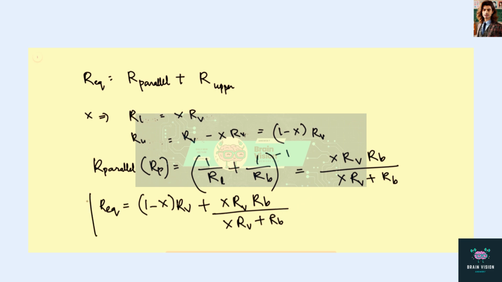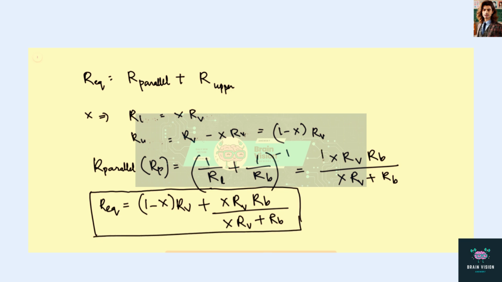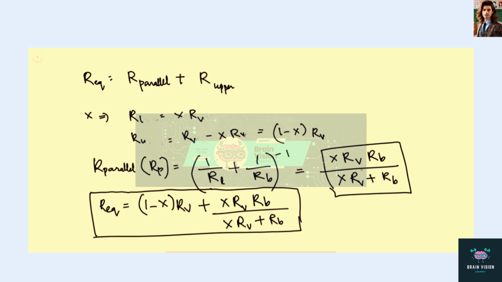And so this is the equivalent resistance of the circuit, and this is the equivalent resistance of the parallel combination of the bulb and the lower portion of the potentiometer, and this is the resistance of the upper portion of the potentiometer.